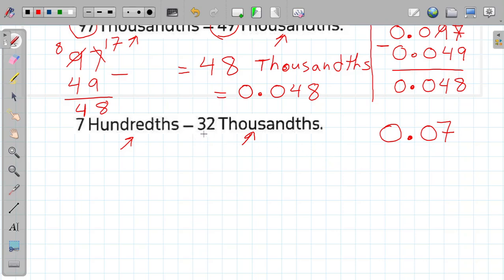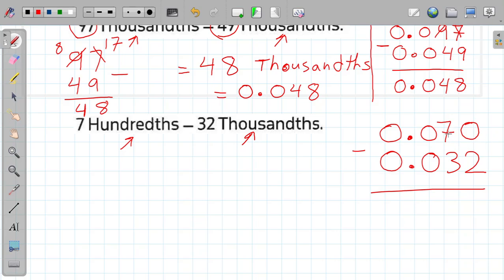And the second one, 32 thousandths, it will become 0.032. Okay? Here I don't have a thousandths digit, so I will put a 0.